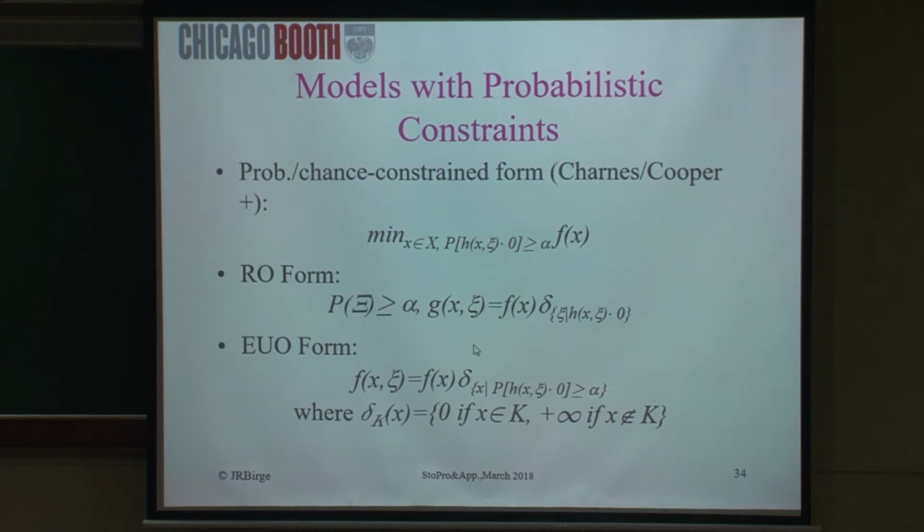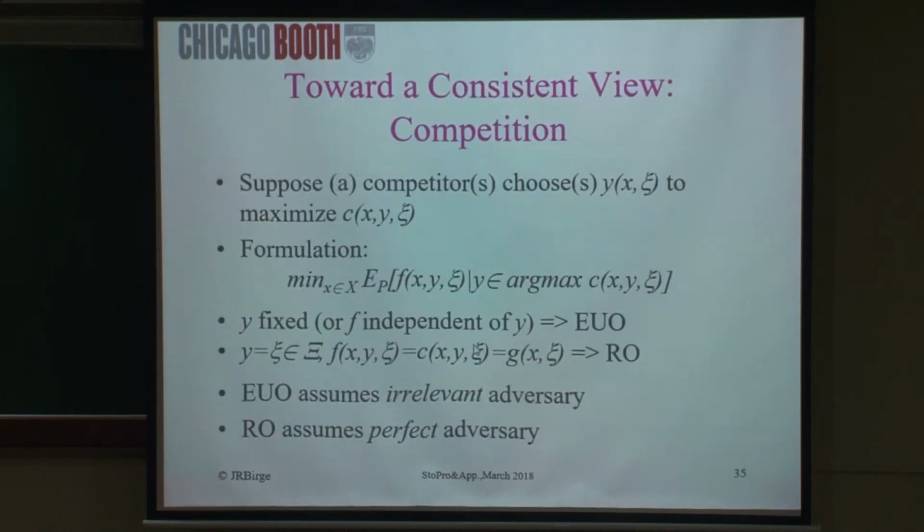Okay, so the point of this is that by redefining what your objective is, you can actually transform these problems from one to another. And you could also think about it as a competitor, like there's a competitor that chooses an action to take in response to your action, and to the outcome.